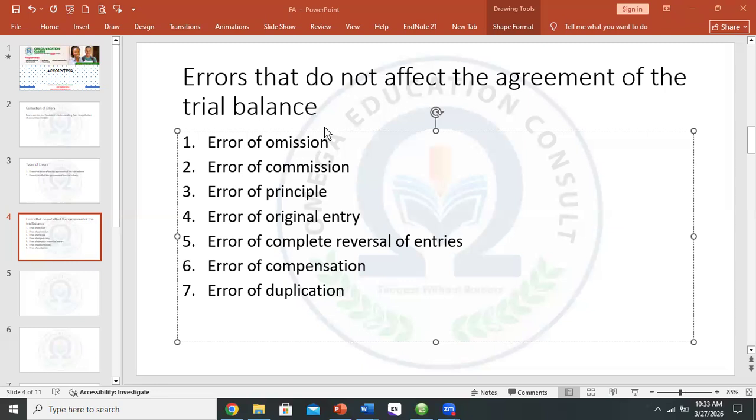Duplication. I think this is where the transaction is recorded twice.